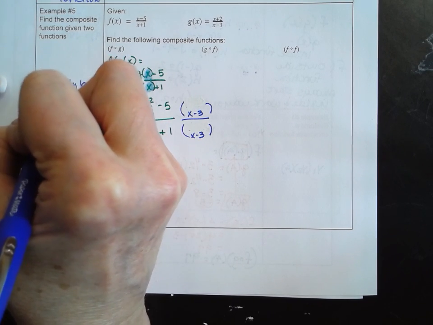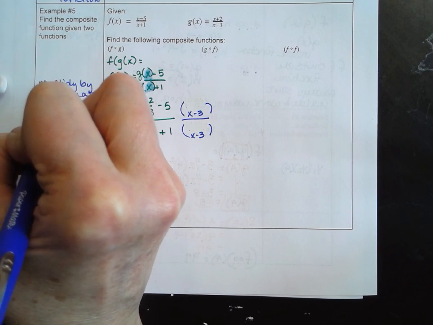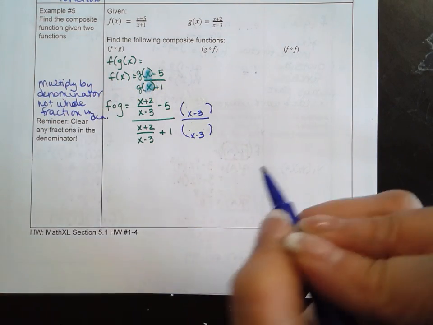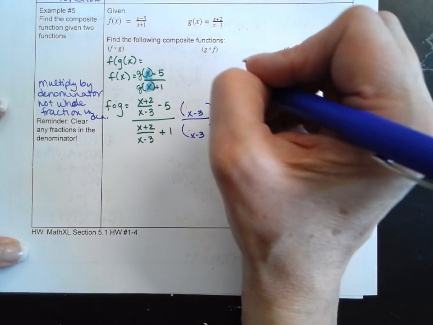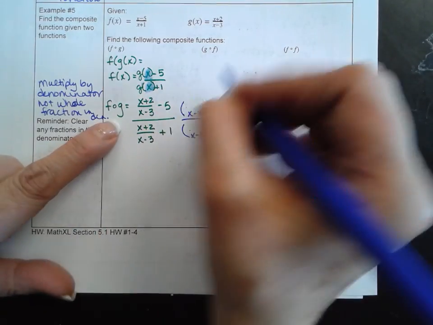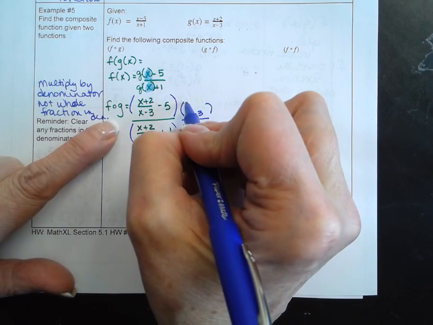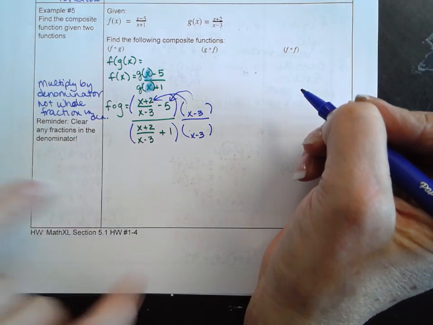And that's not the whole fraction in the denominator. Okay? So, now if I come over here and look, remember this, the whole thing is a whole thing, so I have to distribute to both.